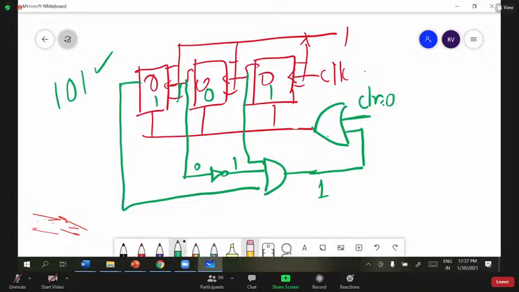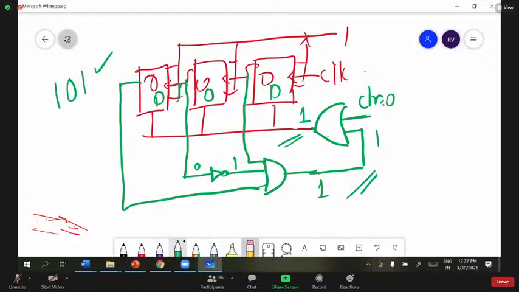Now, based on this only, you can get either 0 or 1 here. The output of this 3-input AND gate is high, so if any one of the inputs of this OR gate is high, then the output of the OR gate is high. That's why I can reset all the flip-flops. Though it is displaying 101, you cannot get the result as 101. It displays only 000.